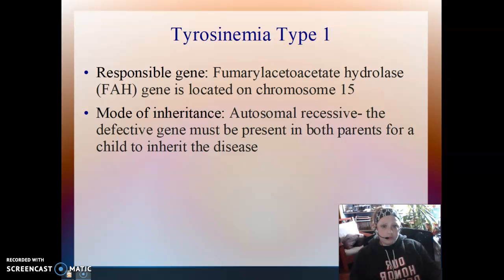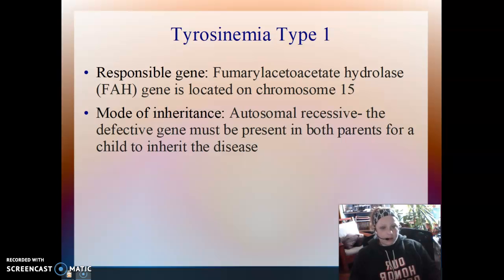So the responsible gene is actually called the fumarylacetoacetate hydrolase gene. It is located on chromosome number 15. An individual will inherit this as an autosomal recessive disorder. The defective gene must be present in both parents for the child to inherit the disease.